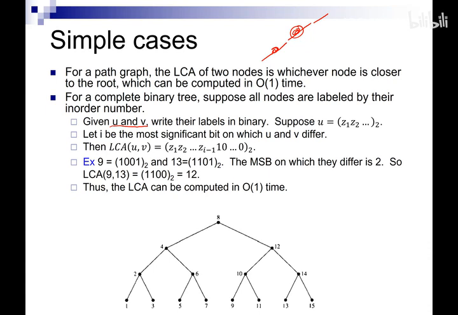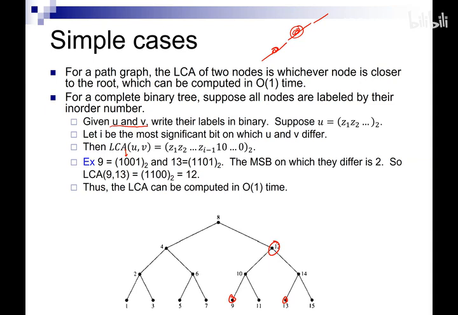So let's do an example of this. Suppose we're trying to find the LCA of 9 and 13. That's going to be this 12 node over here. So we're first of all going to write 9 and 13 in binary, and then we're going to look for the most significant bit in which they differ. That's going to be this bit over here.